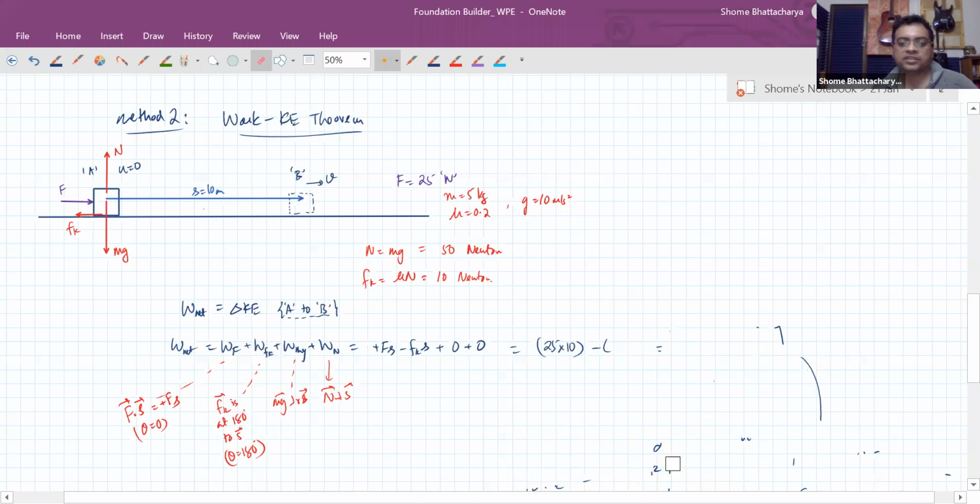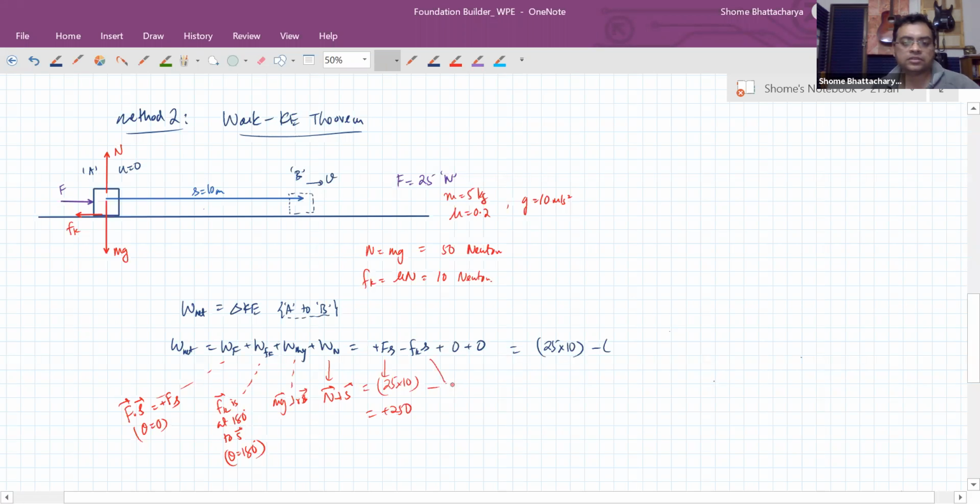How much will the work done by friction be? It won't be 50, it will be 100, so minus 100. See here, we substitute 25 into 10, so that's plus 250. But what about friction?